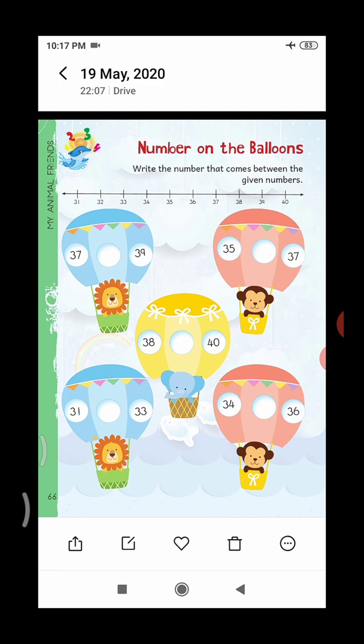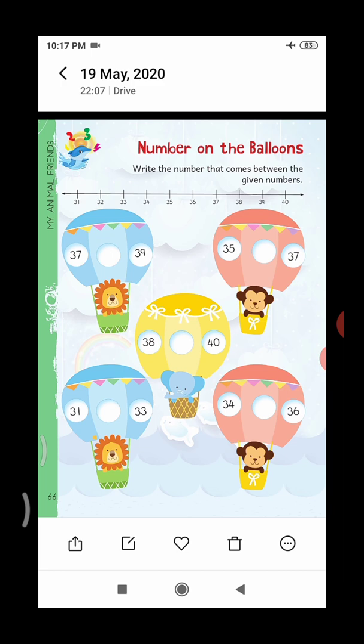In the third air balloon, the number is 38. What comes after 38? 39. So write here 39. Which number is given in the fourth air balloon? 31.